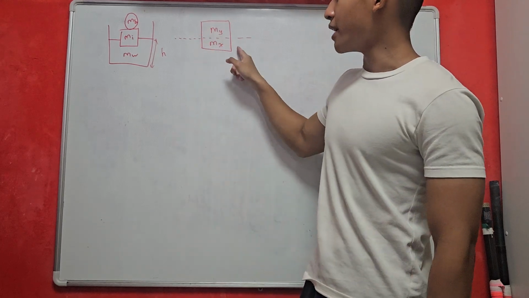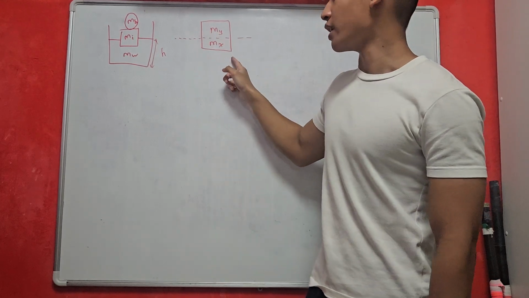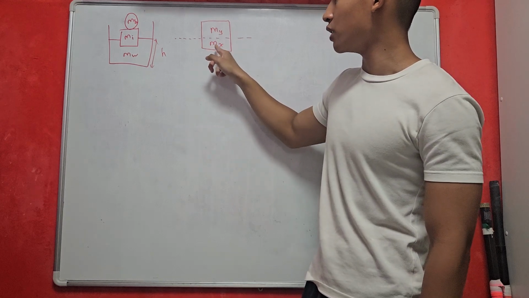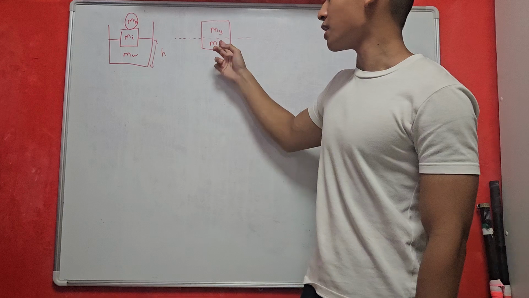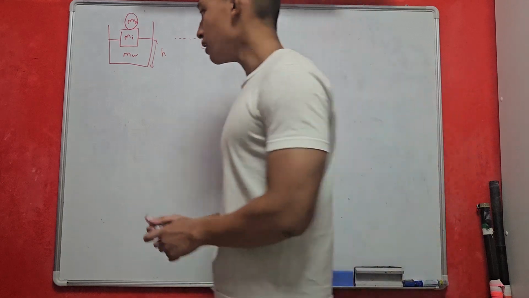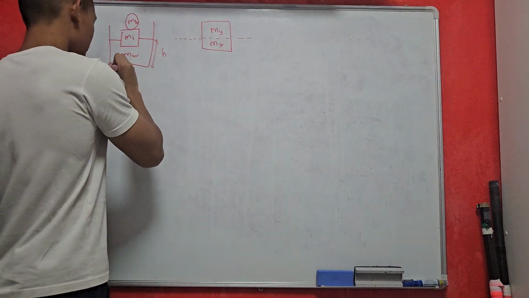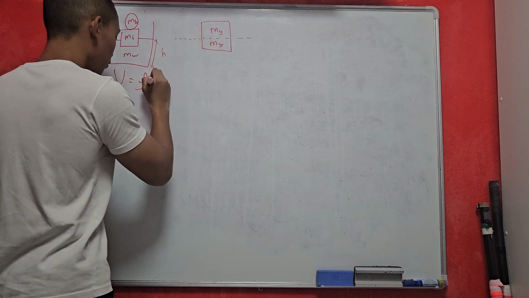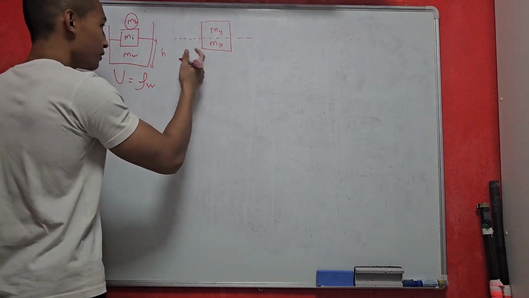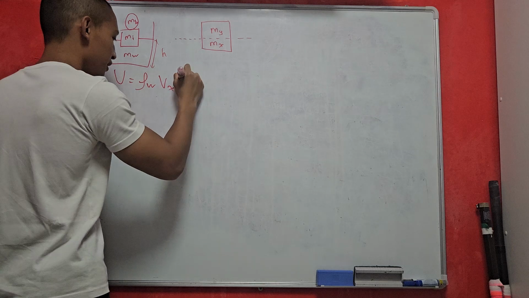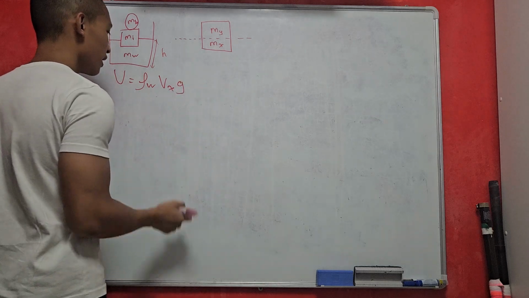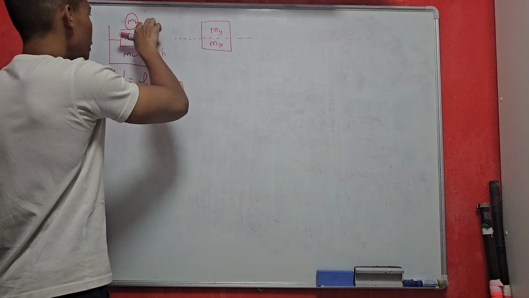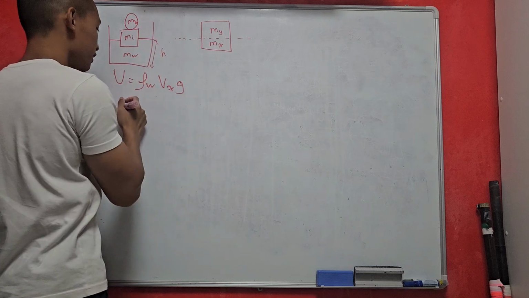So let's take a look at the submerged volume initially. If this is the cube of the ice, then the submerged part of the ice, we'll call it mx, and the non-submerged part will be my. And we can see that the upthrust due to mx is equal to rho of water, the density of water, times the volume of x times g. This upthrust is also equal to the weight of the metal ball and the ice.